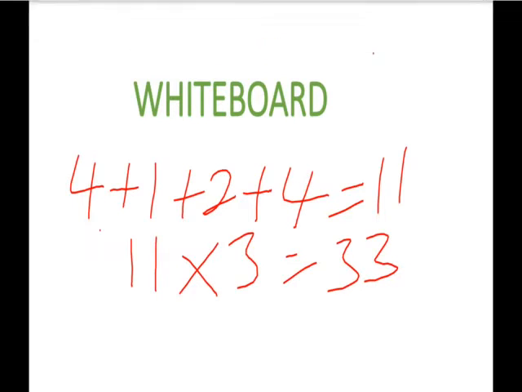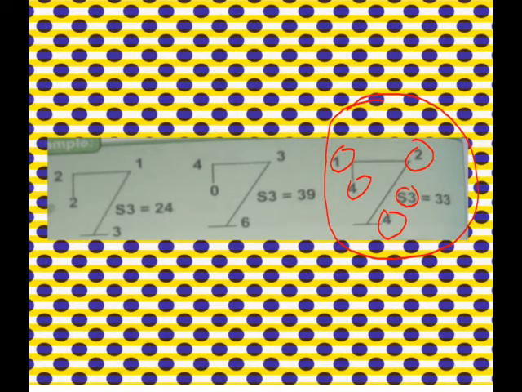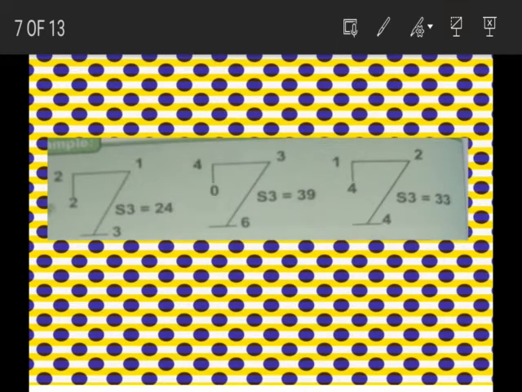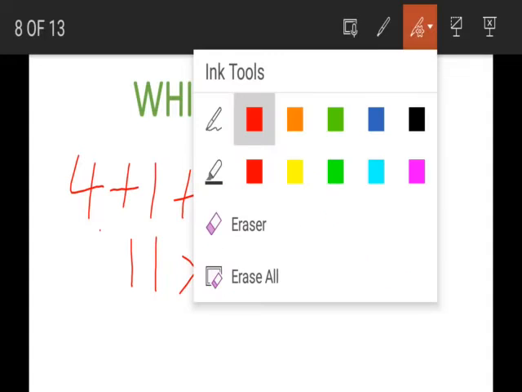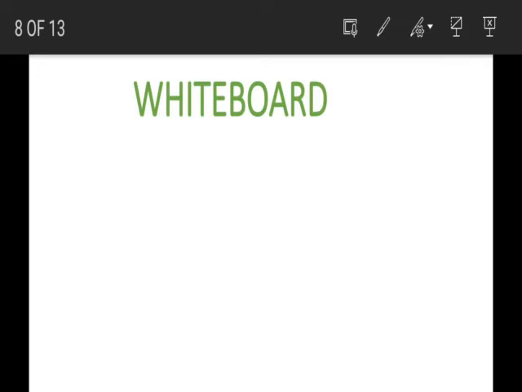Let's assume 1 was not given. To get 1, this is what you do. Assuming 1 was not given, you do 33 divided by 3 will give you 11.